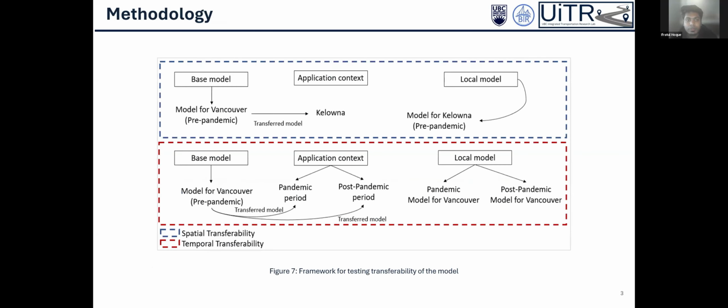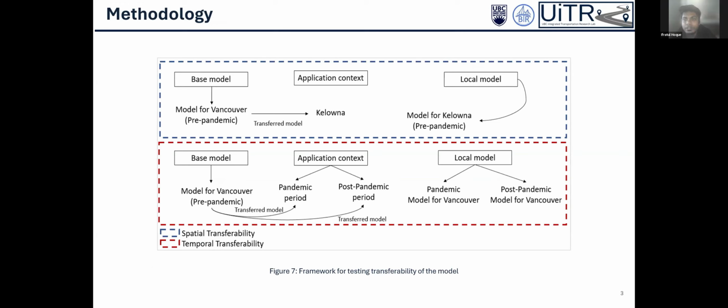So this is the overall methodological framework used in this study. As I said before, we have developed a model for Vancouver, which is the base model in the pre-pandemic time period. For testing spatial transferability, as this is a simulation model, an integrated urban model, we will be simulating the same model but with Kelowna data, which is the application context for spatial transferability.